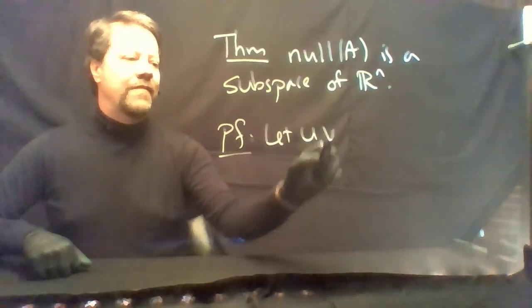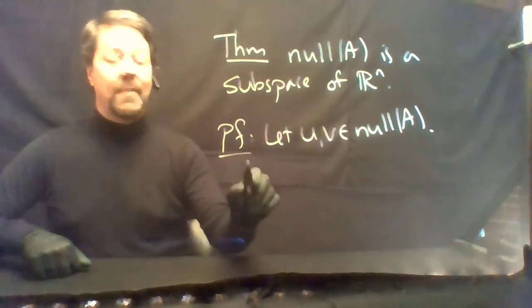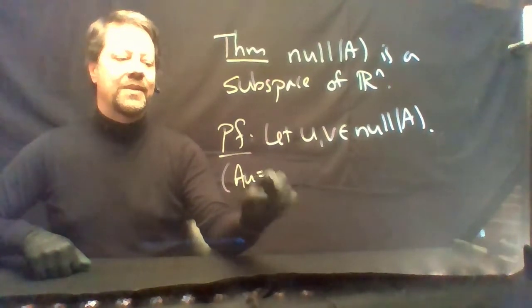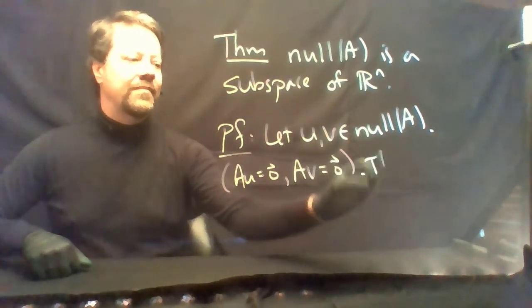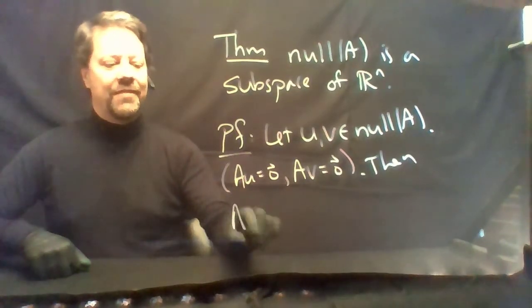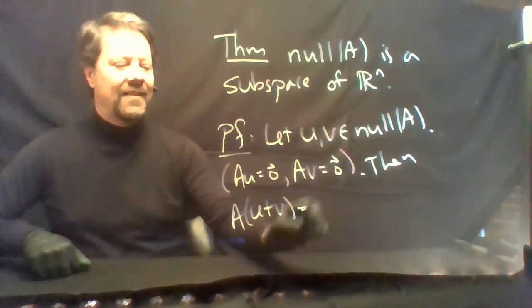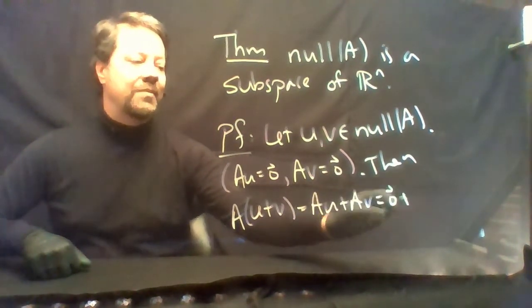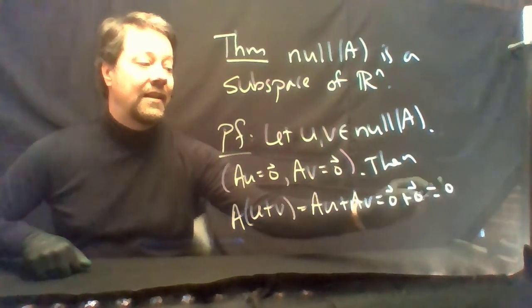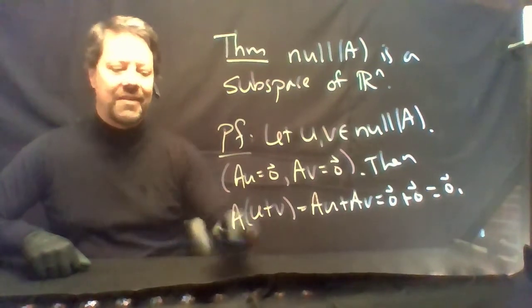Let U and V be elements of the null space of A. This means that AU is the zero vector and AV is the zero vector. What happens if you take A times U plus V? You get AU plus AV, which is the zero vector plus the zero vector, and that's the zero vector. That means the null space is closed under addition.